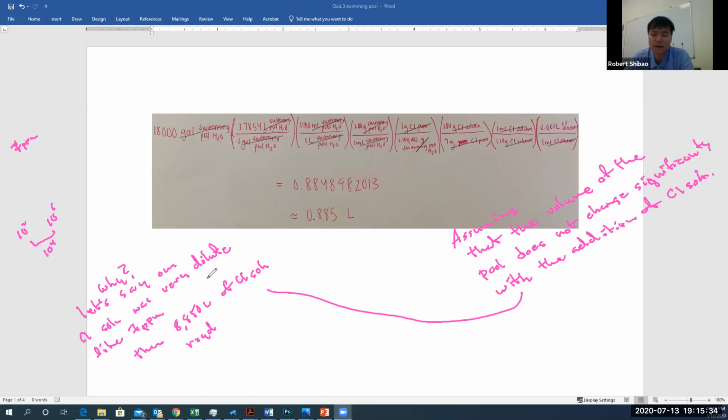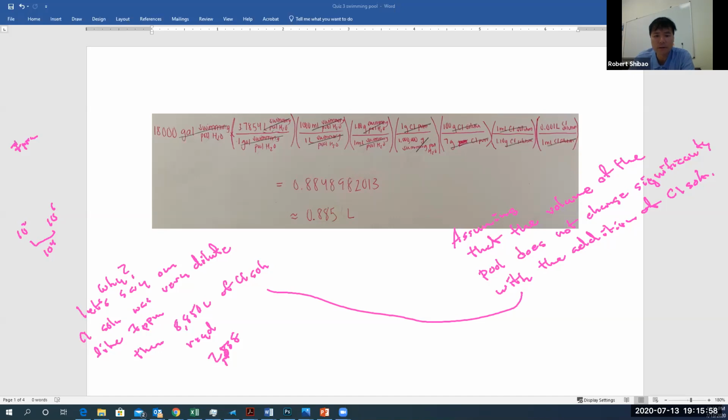So 8,850 divided by 3.785 liters per gallon is 2,380. Of course, nobody's going to sell chlorinating solution that dilute, but I'm just giving you a hypothetical example here.